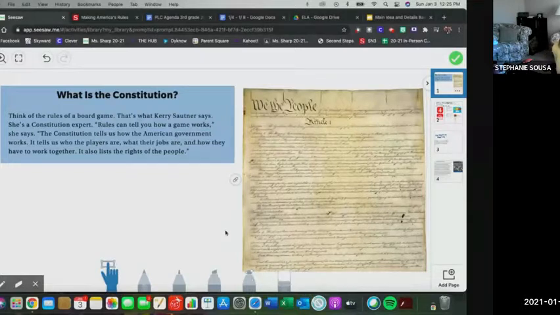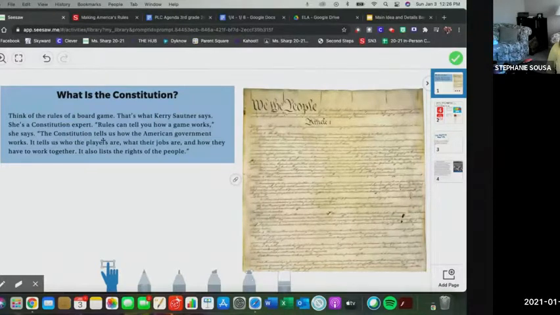Today we're going to learn about a document that was created back in 1787 to help guide our country with those principles and equality. And it's called the Constitution. What is the Constitution? Think of the rules of a board game. That's what Carrie Sotner says. She's a Constitution expert. Rules can tell you how a game works, she says.